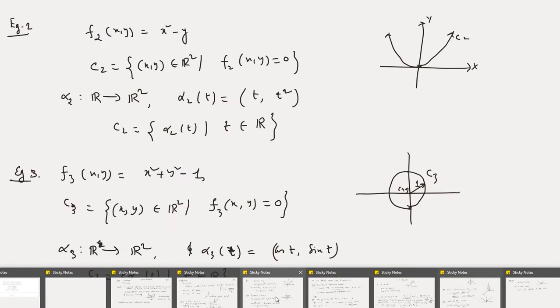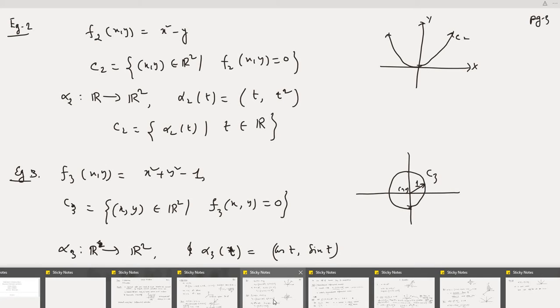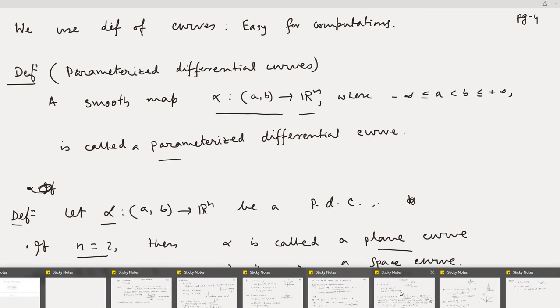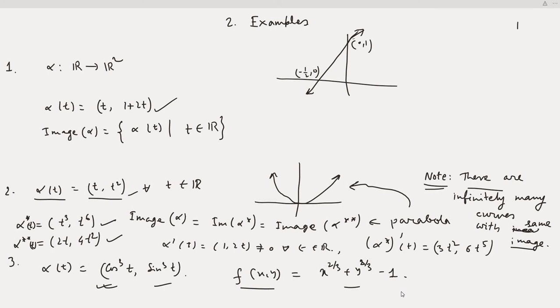This is page 2, then this is page 3. Next one is page 4. This is page 5, example 2.